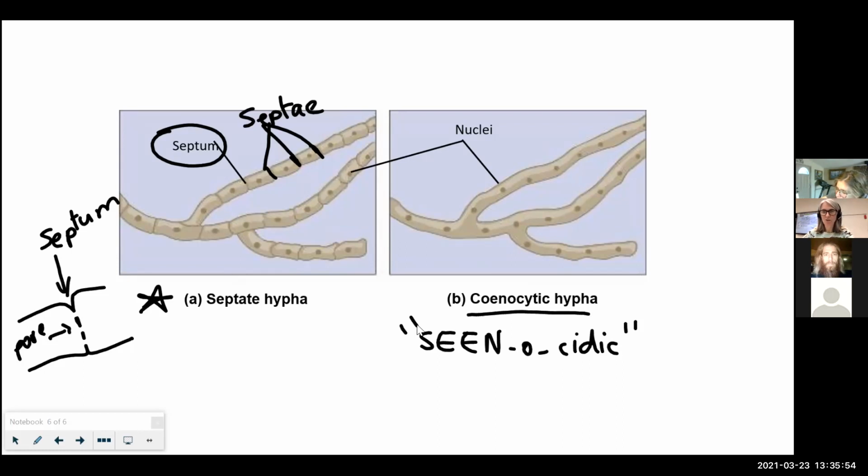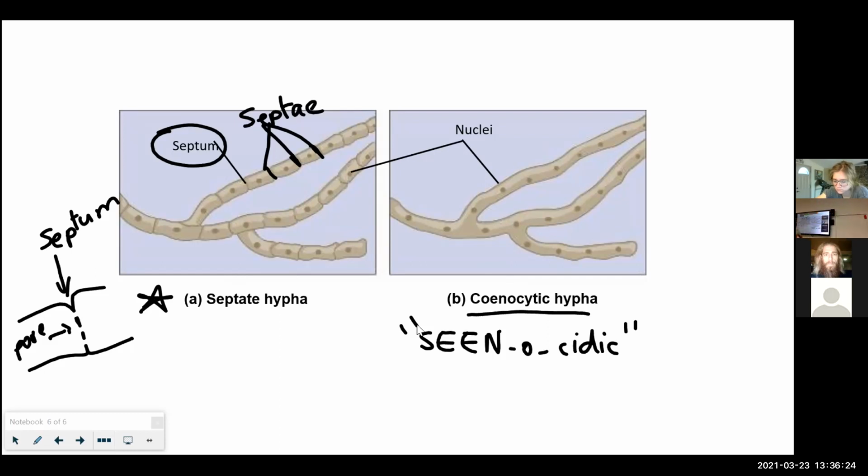That body structure with cenocytic hyphae. What does that remind you of? Plasmodial slime molds. Multicellular, not really. A giant single cell in the plasmodial slime mold with multiple nuclei, just like a big blob.